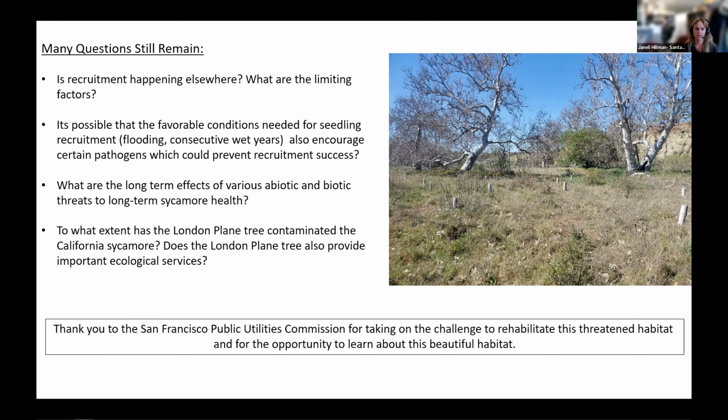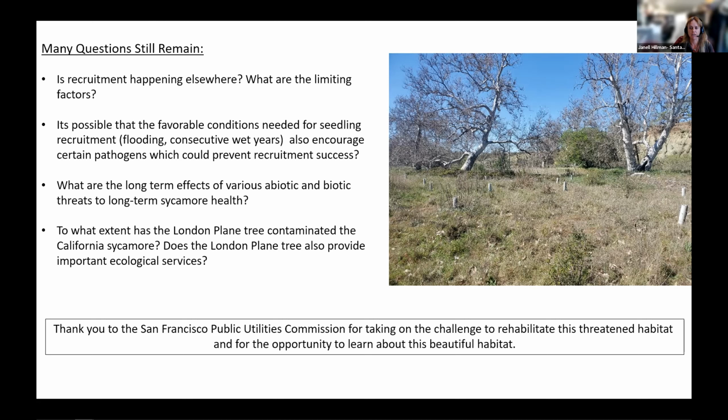And while you're doing that, I just have a comment. Carrie, you're asking about recruitment, what could potentially be limiting factors. So where I've seen sycamore recruitment is in areas where you're still having a natural hydro period and an unmodified creek, where you have ephemeral drainages. You don't see modified flow, which we get typically below our reservoirs.